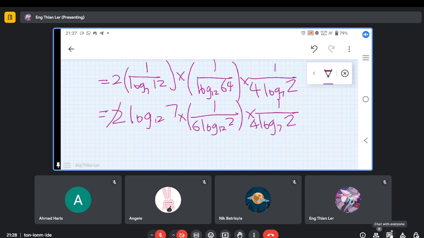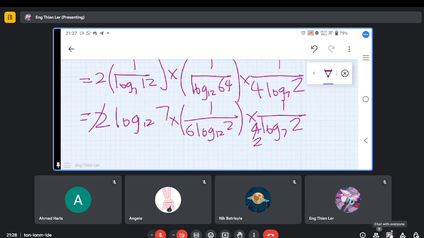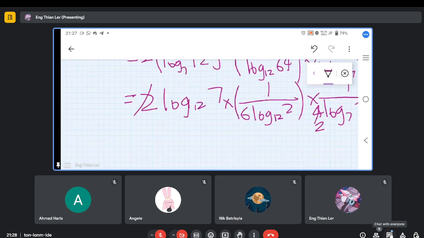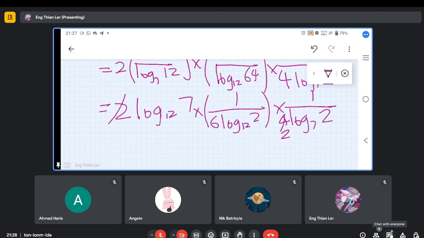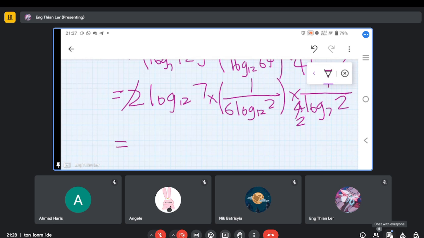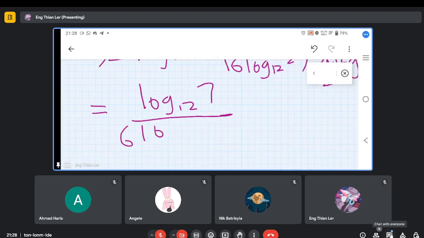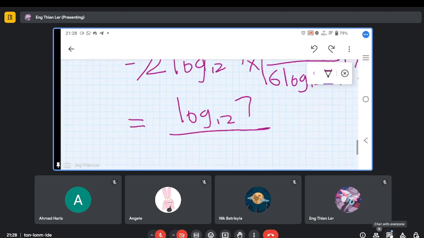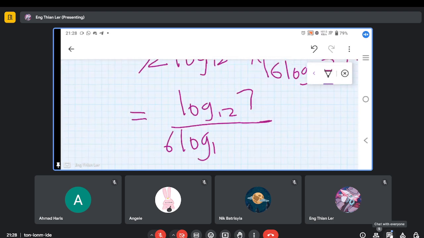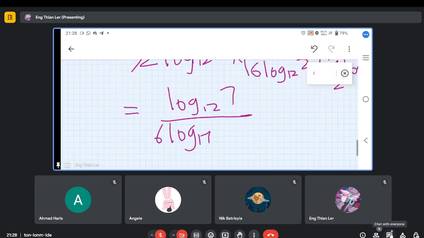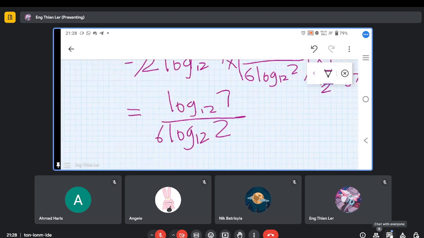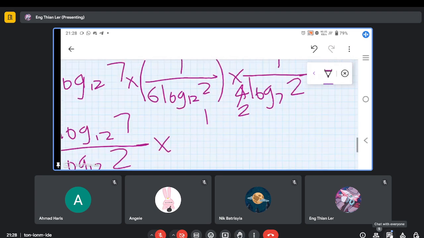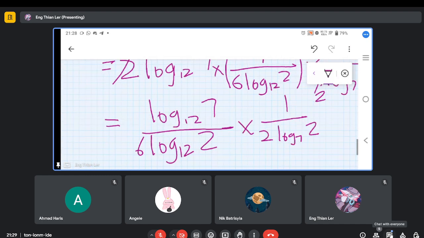These 2 and 4 can cancel. This can become 2. So log 12 7 divide log is 6. 6 log 12. 2, and then multiply by 1 over 2 log 7 base 2.